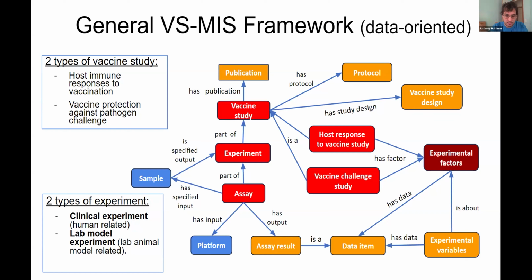So keeping that all in mind, following the Assay framework, we end up with this data-oriented model. The main changes are the inclusion of the experimental step and the inclusion of two different types of studies: that of host response to vaccine and that of vaccine challenge studies. So host immune response to vaccination is the first step.